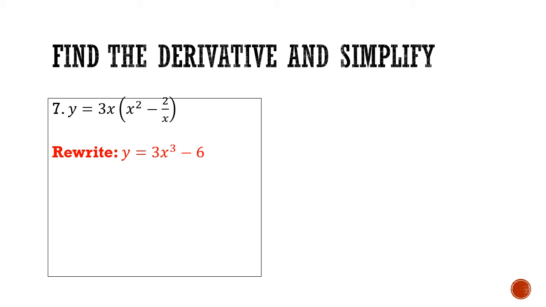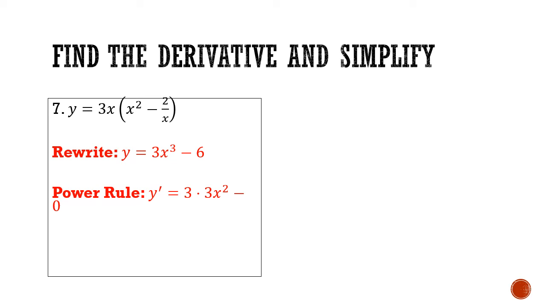So that's why I have negative 6. Now apply the power rule. You have two terms here. You have the 3x cubed and the minus 6. So you're applying the power rule to each of these. 3x cubed, bring the 3 to the front. You're going to multiply. That's 9x squared.